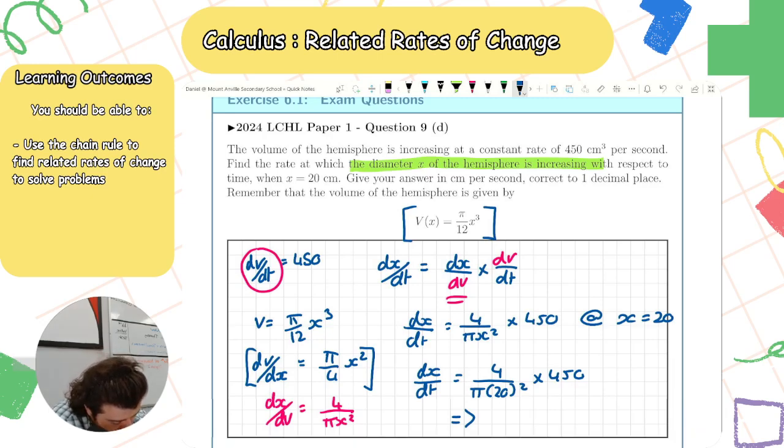There we go. I'm using this new calculator. Hate it. Right. So my answer here should be 1.43 centimeters per second. That is my answer there.